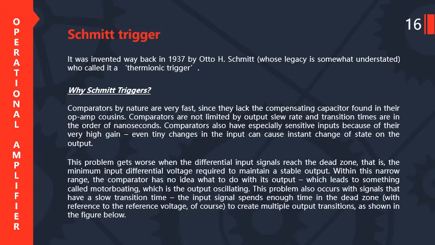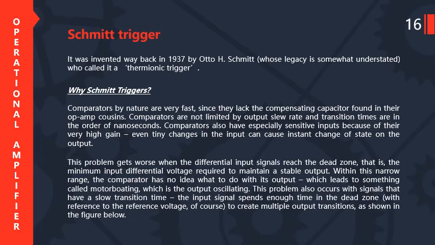Comparators are not limited by the output slew rate, and transition times are in the order of nanoseconds. Comparators also have especially sensitive inputs because of their very high gain. Even a tiny change in the input can cause an instant change of state of the output.